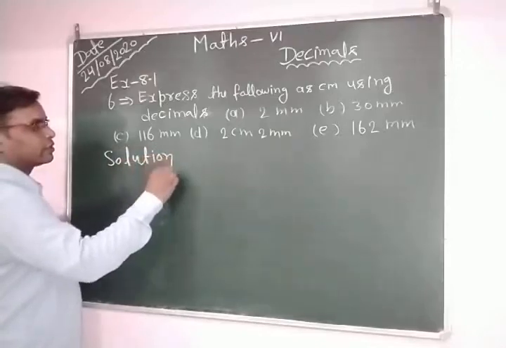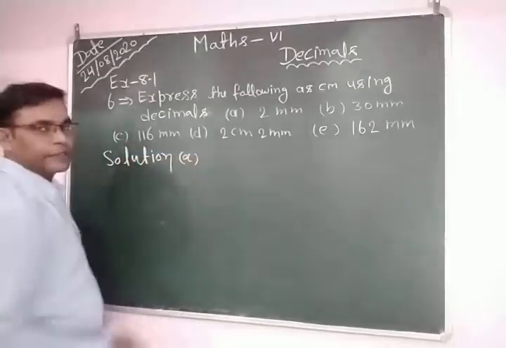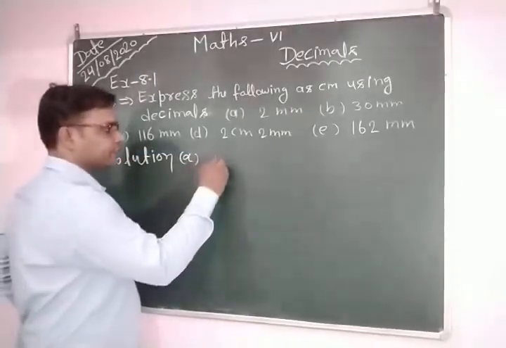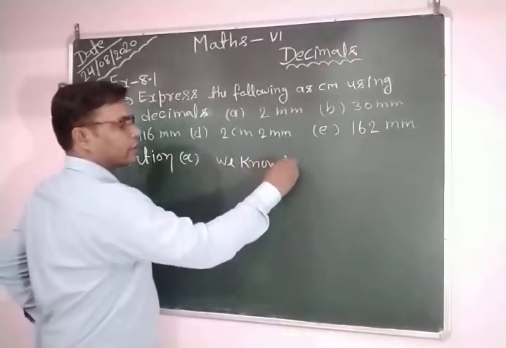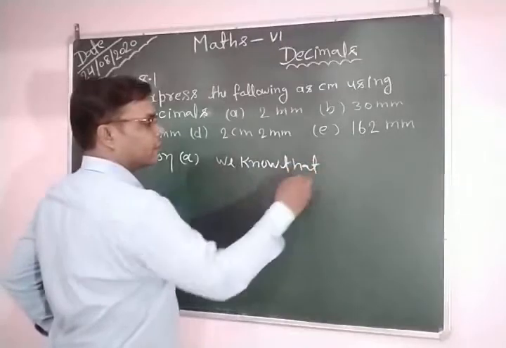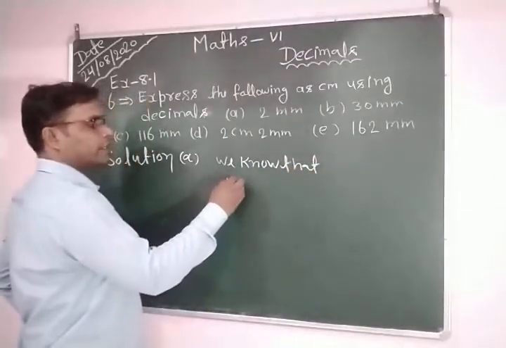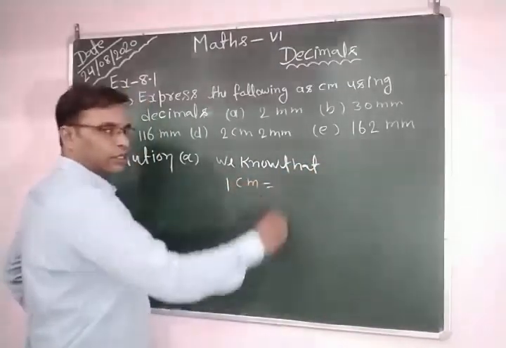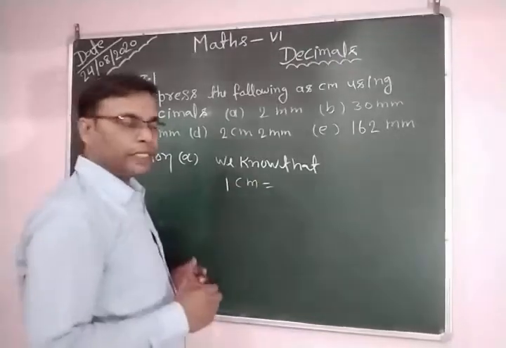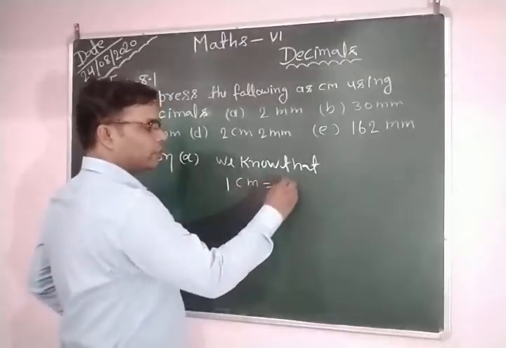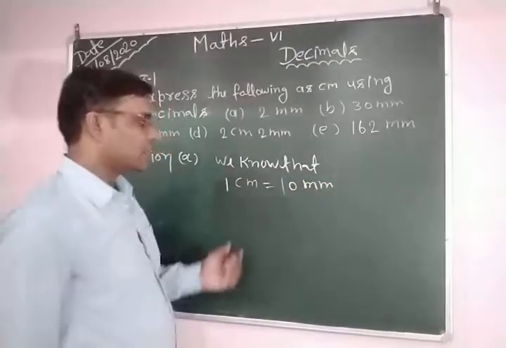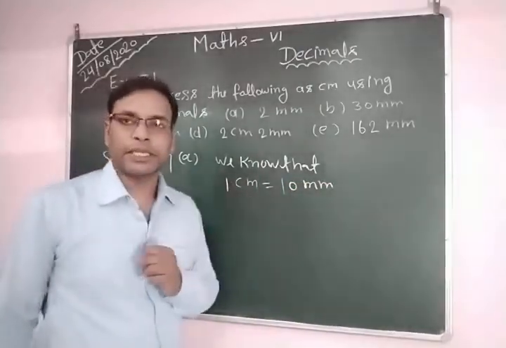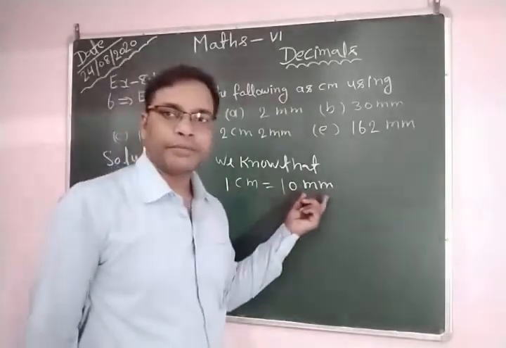Solution of A part. We know that 1 centimeter is equal to how many millimeters? 1 centimeter is equal to 10 millimeters. Here cm is centimeters and mm is millimeters.